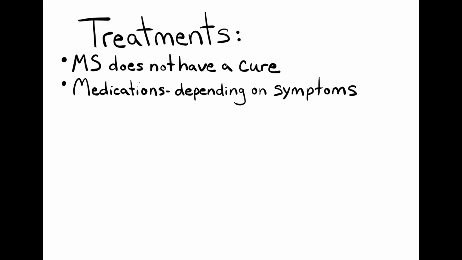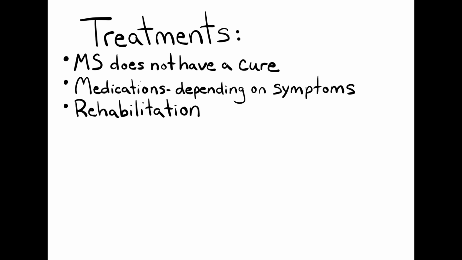There are lots of different types of medications available to people who have multiple sclerosis, but many treatments involve rehabilitation activities such as physical therapy, occupational therapy, vocational therapy, speech and language therapy, and cognitive rehabilitation. For many, these practices help regain independence, motor skills, speech, and thinking skills.